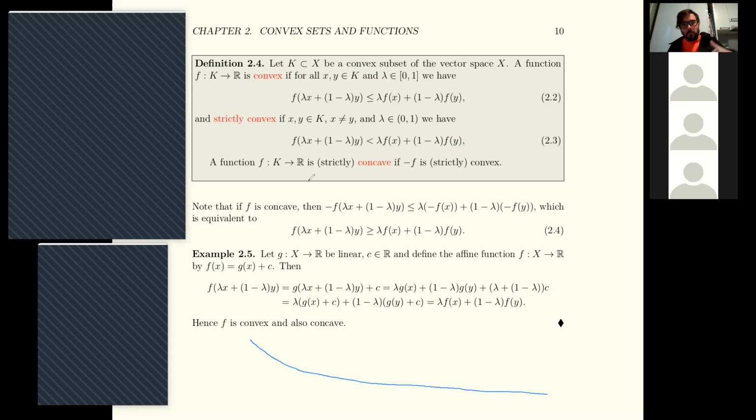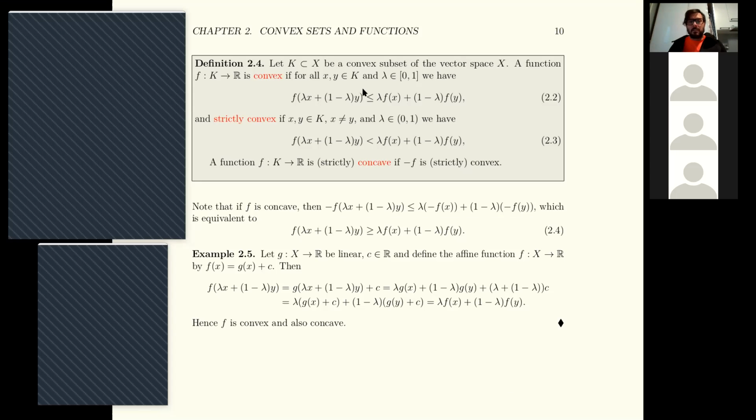But the key issue is that whenever I draw a line like this that adjoins 2 points, then between those 2 points, the function's value is below that line. At the extreme, of course, it may be equal to the numbers on that line because it is smaller than or equal to. And in fact, we say that it is strictly convex if it's strictly below that line here.